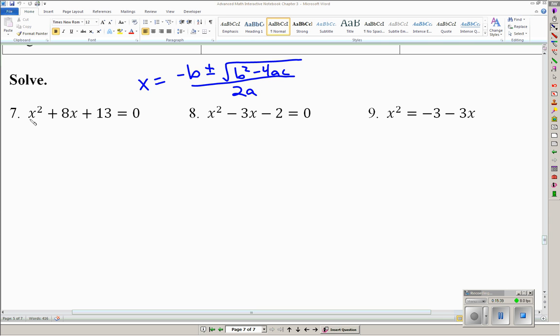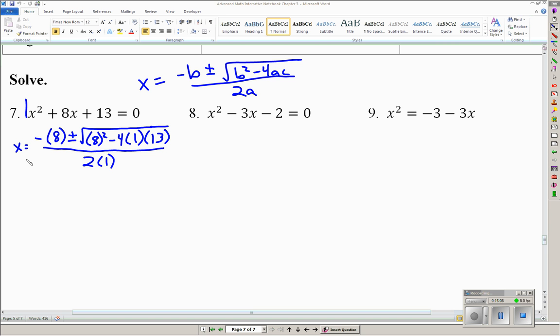So here, a is 1, b is 8, and c is 13. So negative b, that's negative 8, plus or minus the square root of b squared is 8 squared minus 4 times a is 1 times c is 13, all over 2a, and a is 1.